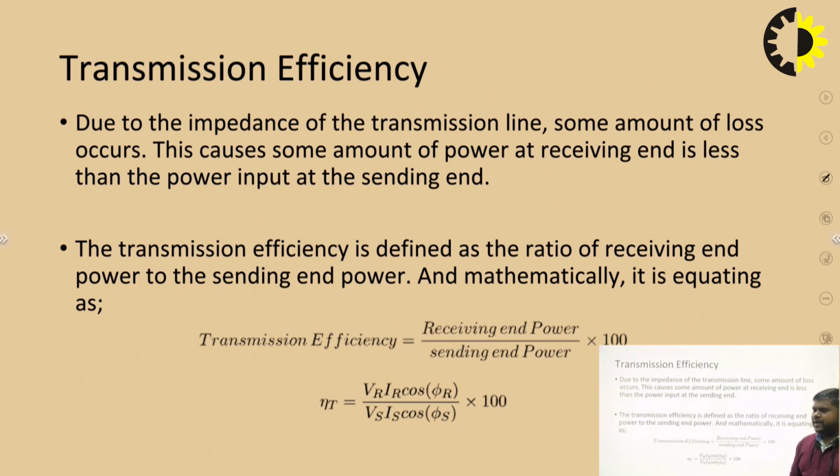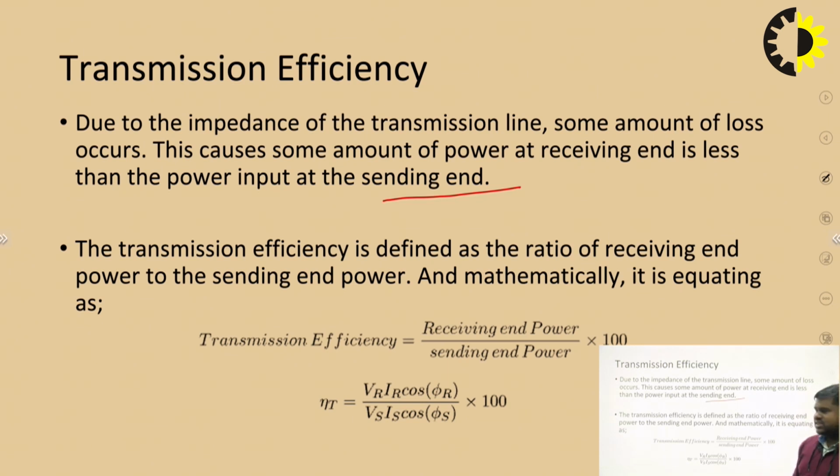And the second parameter is transmission efficiency. Due to the impedance of a transmission line, some amount of loss occurs. This causes the power at the receiving end to be less than the power input at the sending end. This is transmission efficiency.